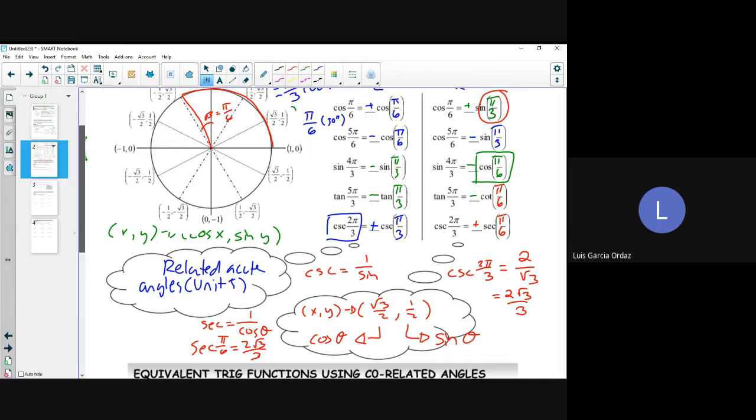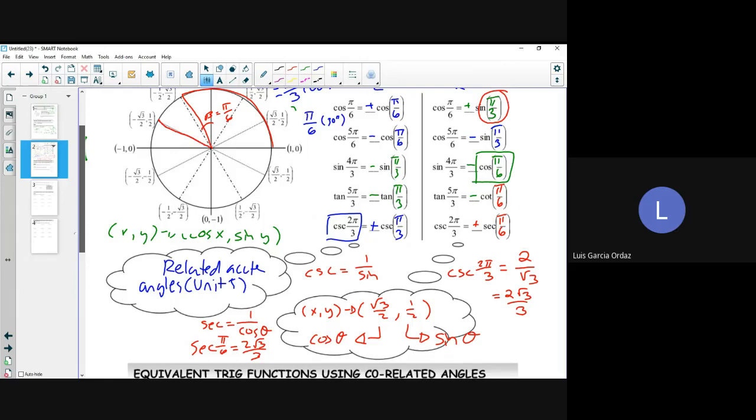With this initial theta angle, you're looking at where it lands, and you're looking at the point on the unit circle. For example, let's take cos 5 pi over 6. That landed in what quadrant? Quadrant 2. So 5 pi over 6 lands right here, correct?